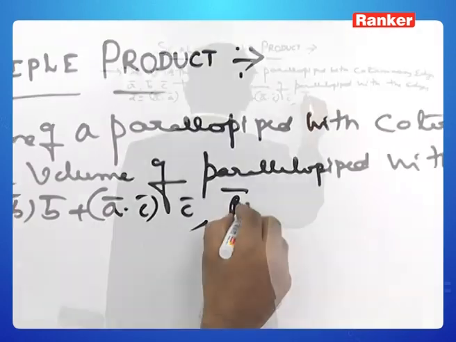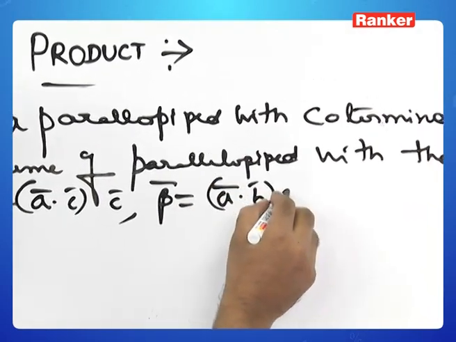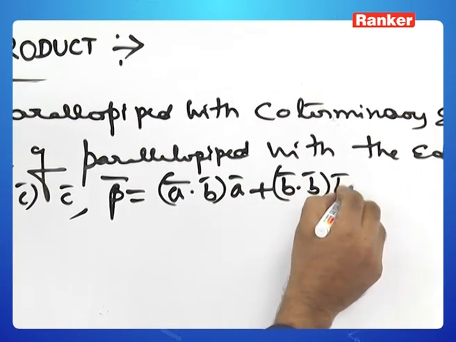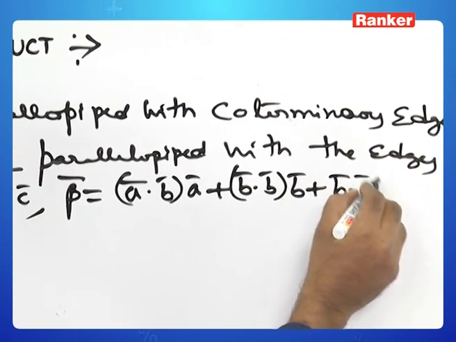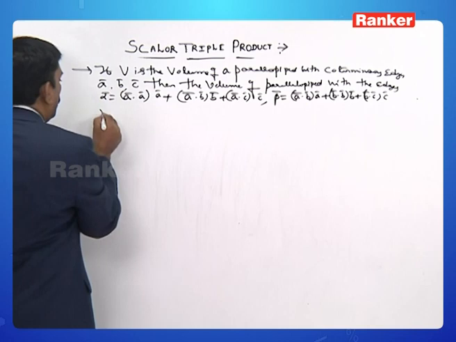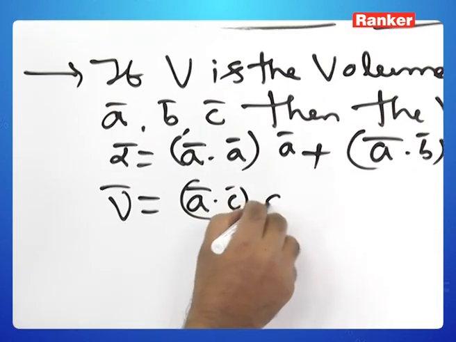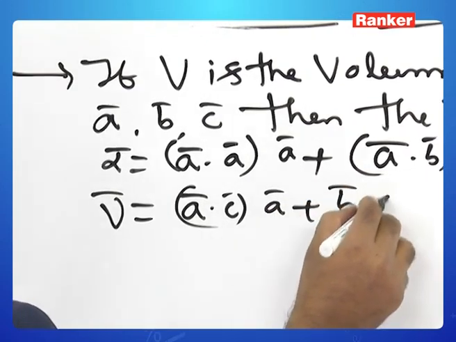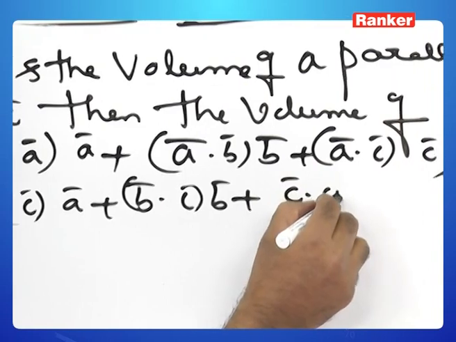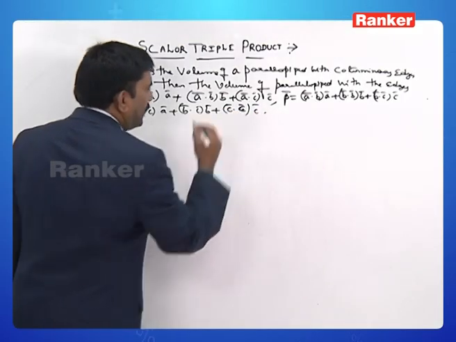Next, beta bar is equal to A dot B into A bar plus B dot B into B bar plus B dot C into C bar. Gamma bar is equal to A dot C into A bar plus B dot C into B bar plus C dot C into C bar.